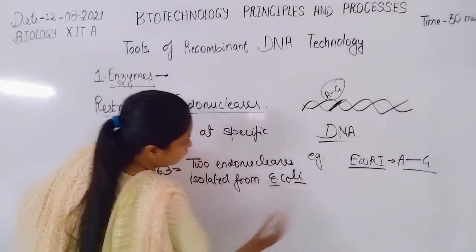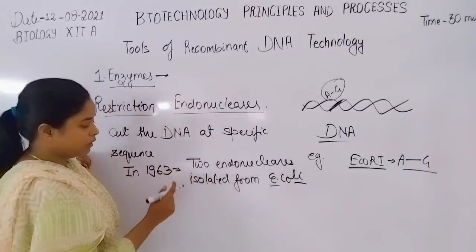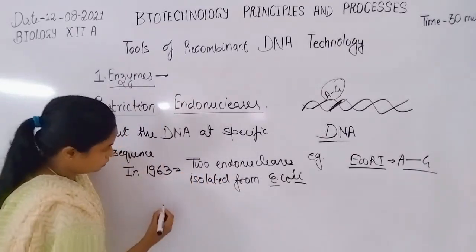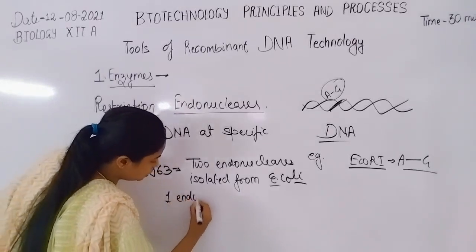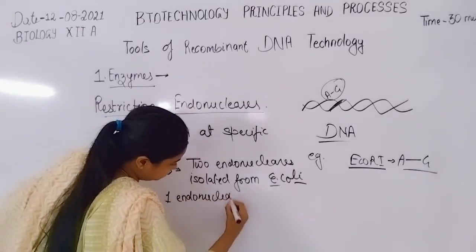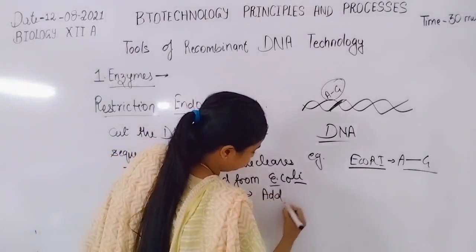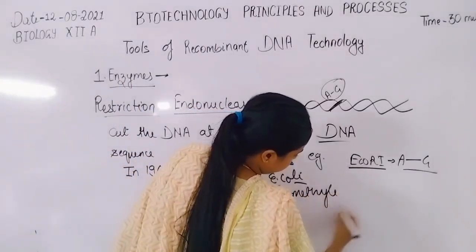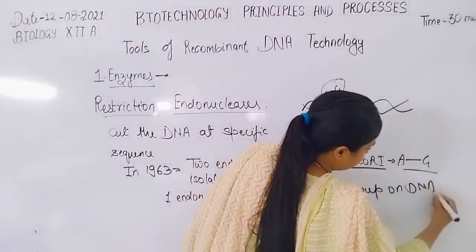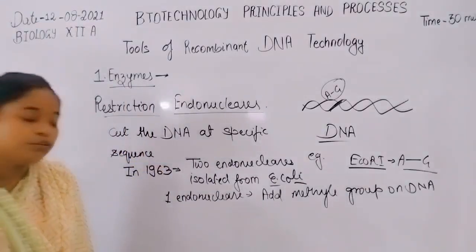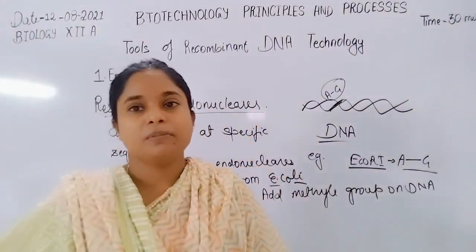The function of these E. coli endonucleases: the first endonuclease adds a methyl group on DNA. The first restriction endonuclease adds a methyl group on DNA for securing it.